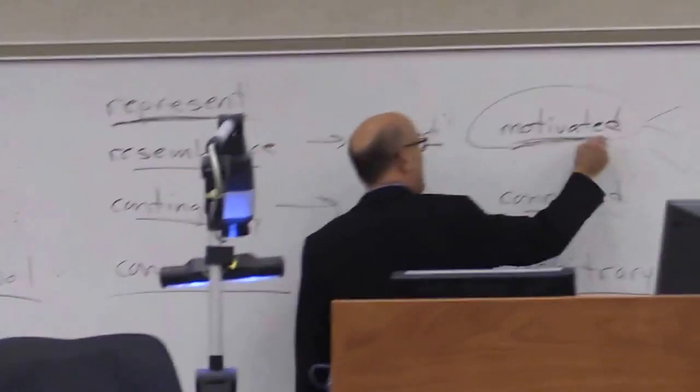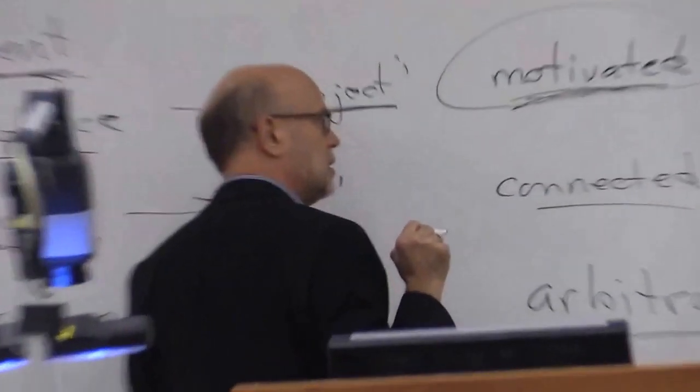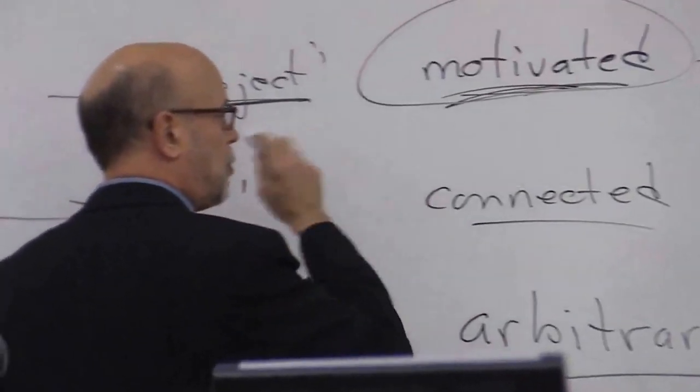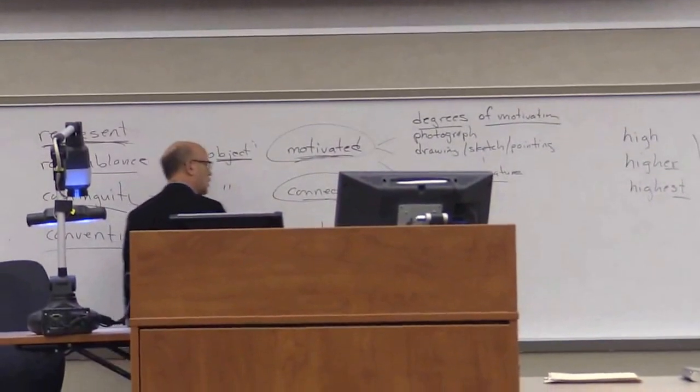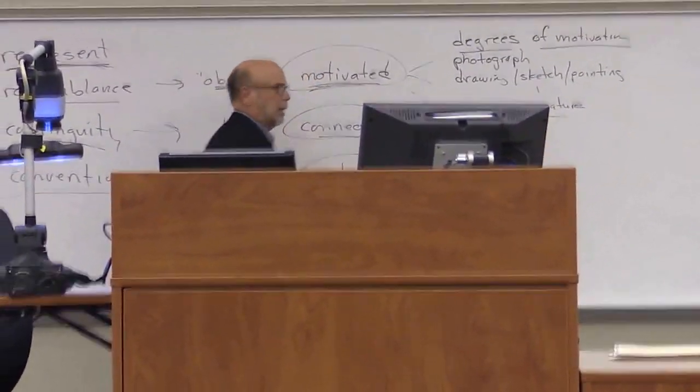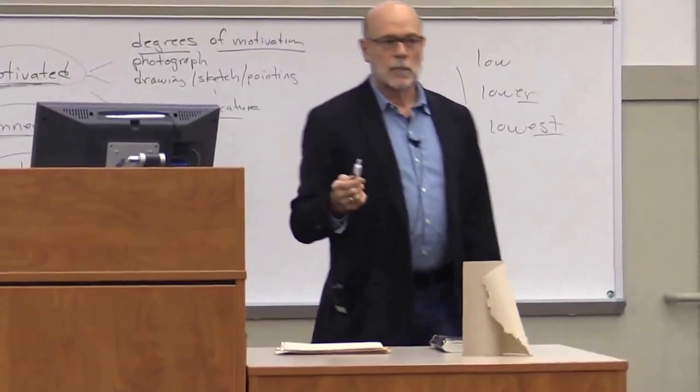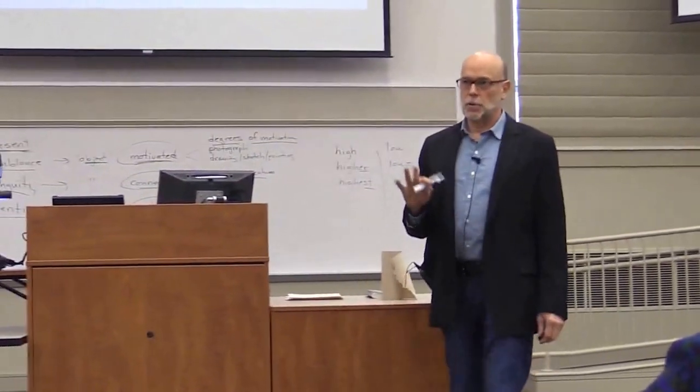They're not motivated by what they represent through resemblance. They're not connected to their objects. We just agree arbitrarily that they mean what they mean, in a purely semantic sense.